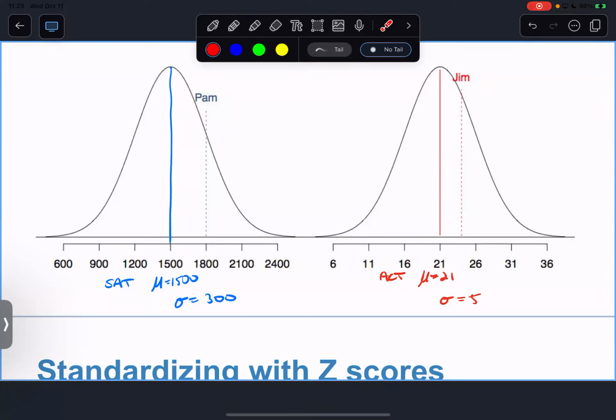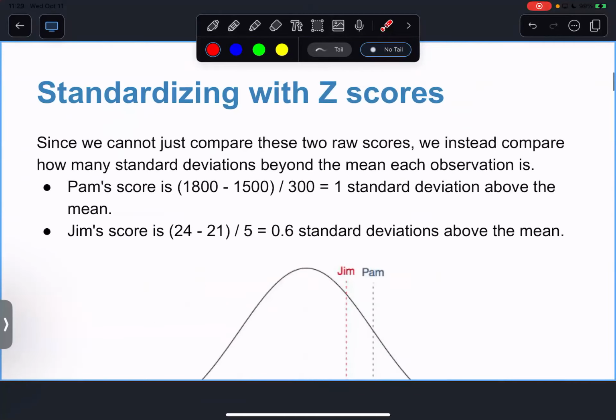Now, Pam scored higher than that. So we want to know how much higher relative to the mean. How much higher than the mean did she score compared to Jim, who also scored above the mean? But we have to take into account the spread, and that's it.